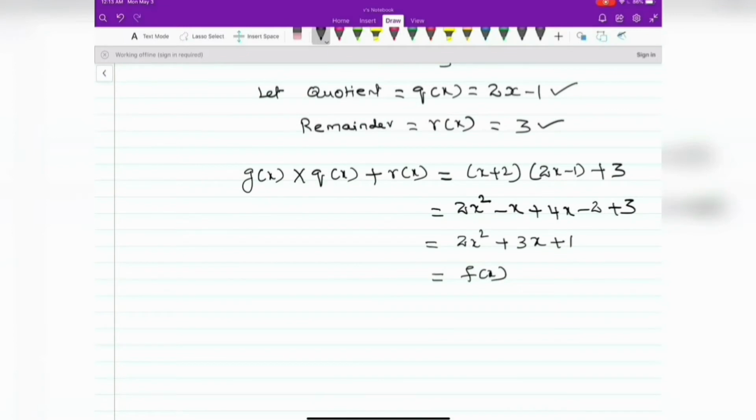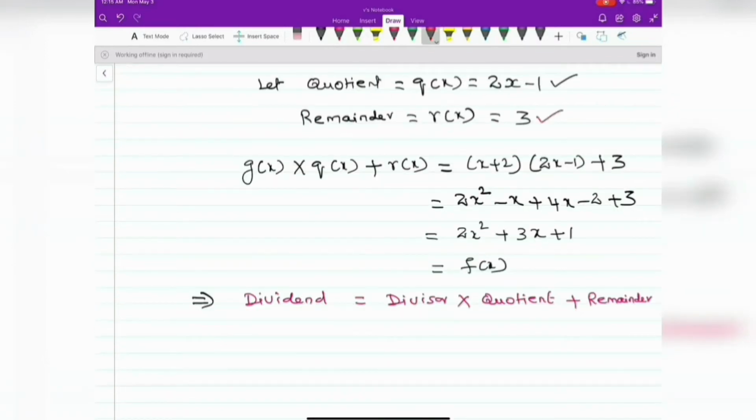So this implies dividend is equal to divisor into quotient plus remainder. Okay, here I am getting the remainder as 3.